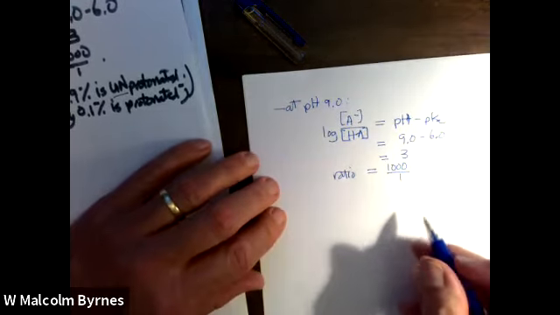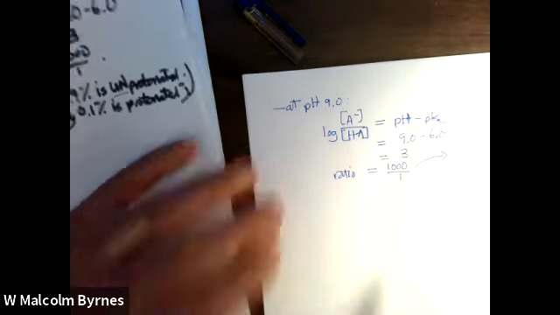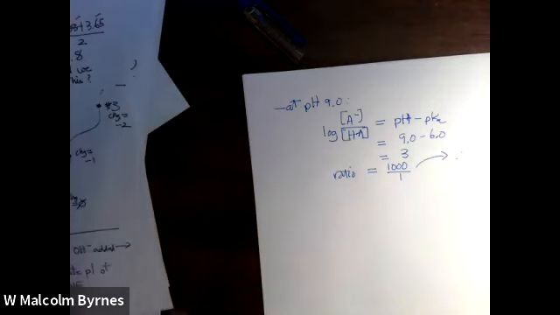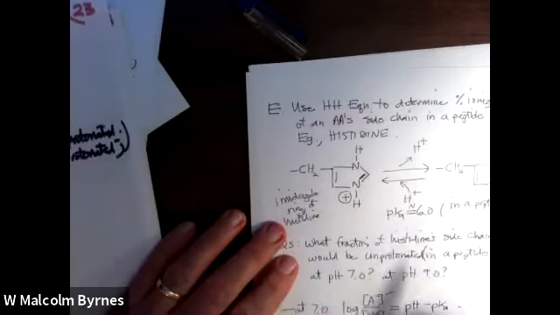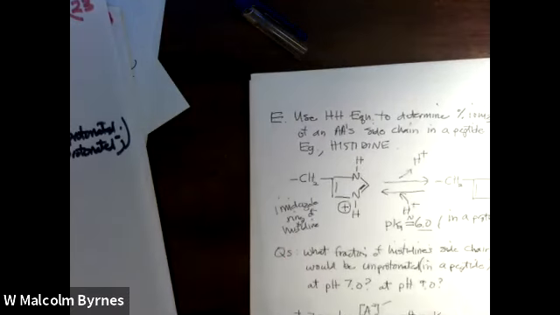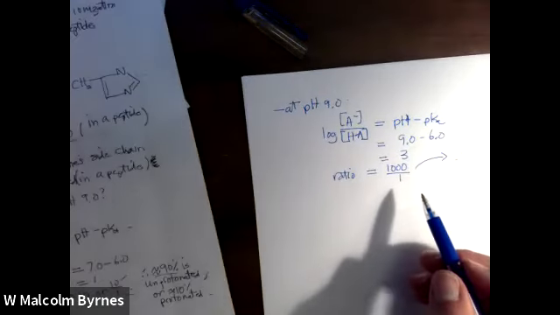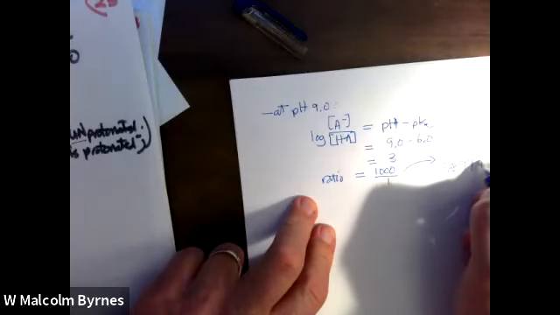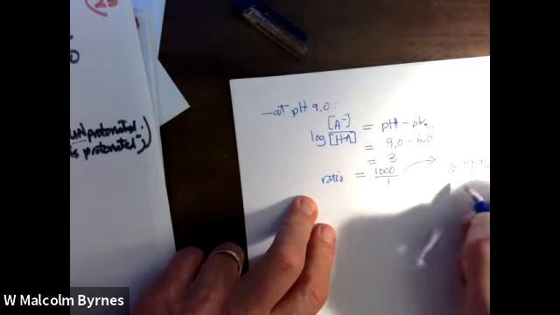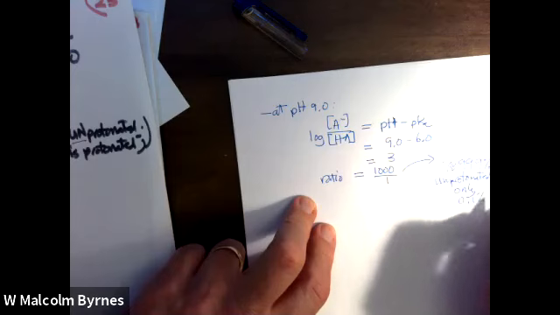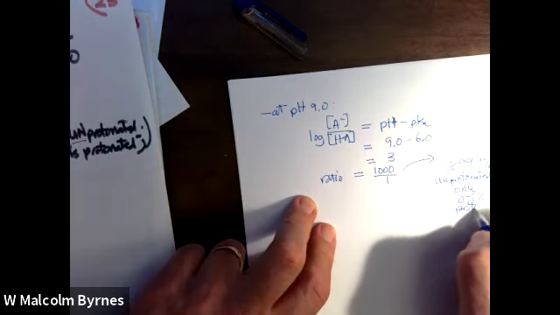What does this mean? At pH 9, where you're 3 pH units above the pKa value, even more of it is unprotonated. The ratio is 1,000 to 1. And so about 99.9% is unprotonated, and only 0.1% is protonated.